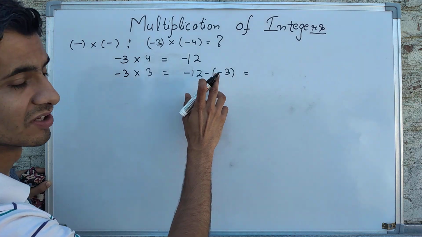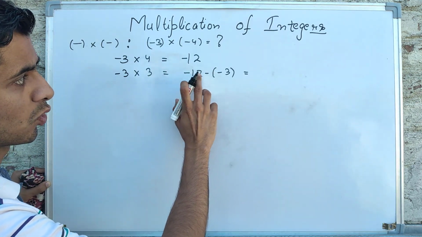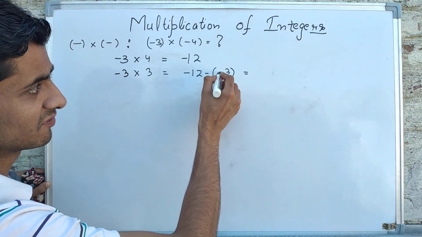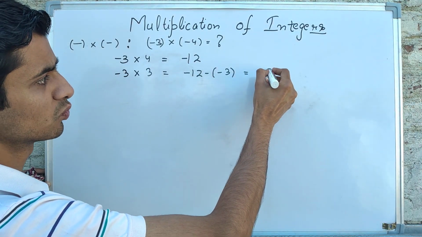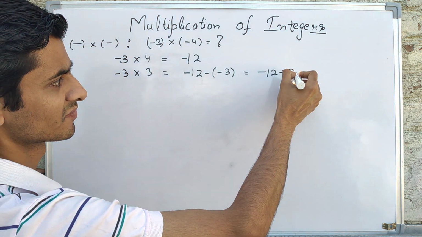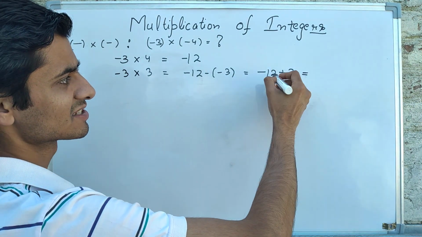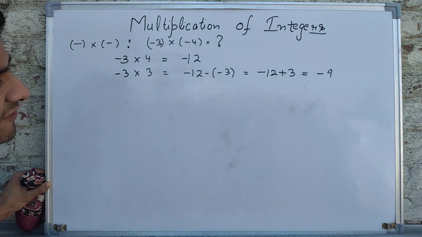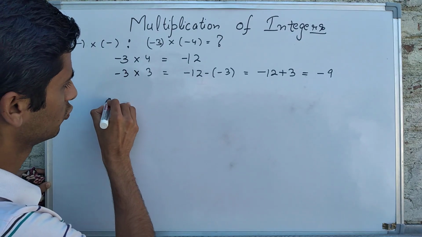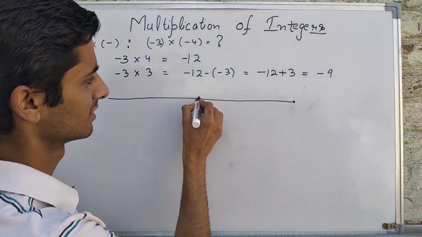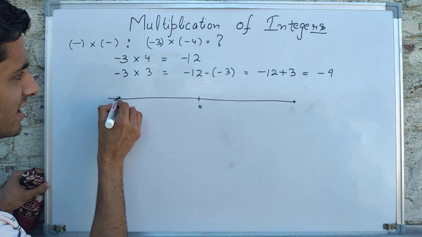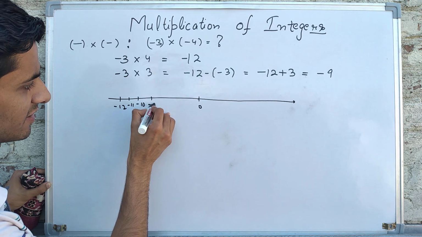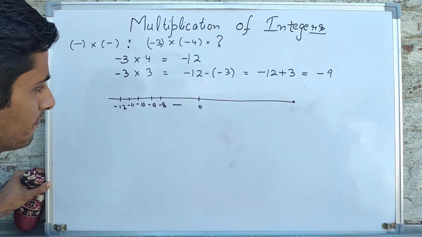One number negative, one number negative, but how to solve it? Here negative, here negative, so we learned that it would turn out to be positive, and the answer would be negative 9. On the number line, this was 0, and suppose you are somewhere at negative 12, negative 11, negative 10, negative 9, negative 8, and so on.